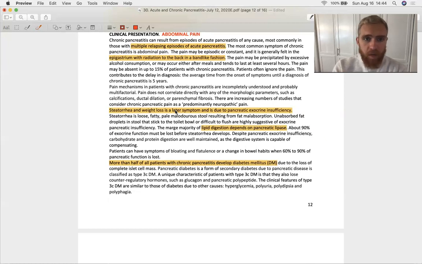A common cause of chronic pancreatitis is multiple relapsing episodes of acute pancreatitis. And it doesn't necessarily have to be in the back. It could be in the front too. If it presents in the front, you're going to be thinking things like peptic ulcer disease and gallstones.